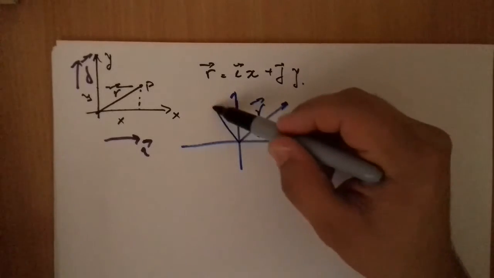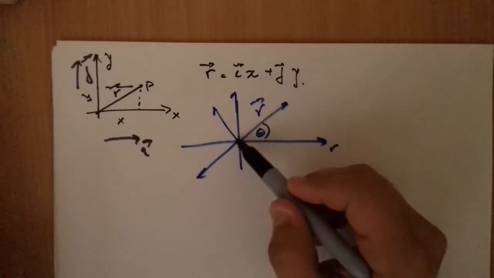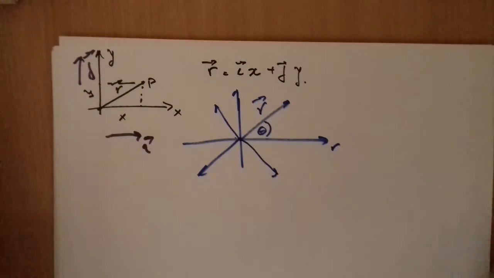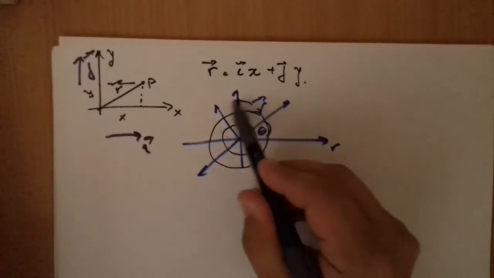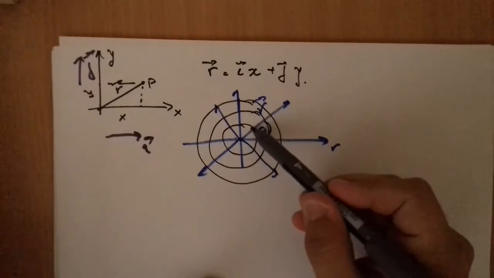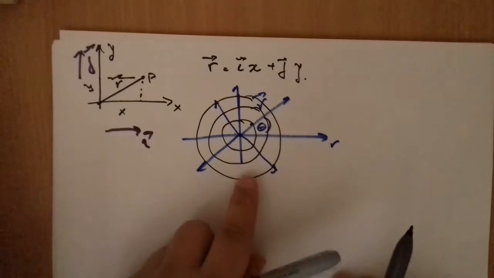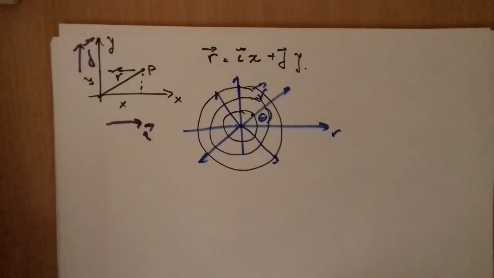So this is polar coordinates. It looks like this, but how can we find the relation?